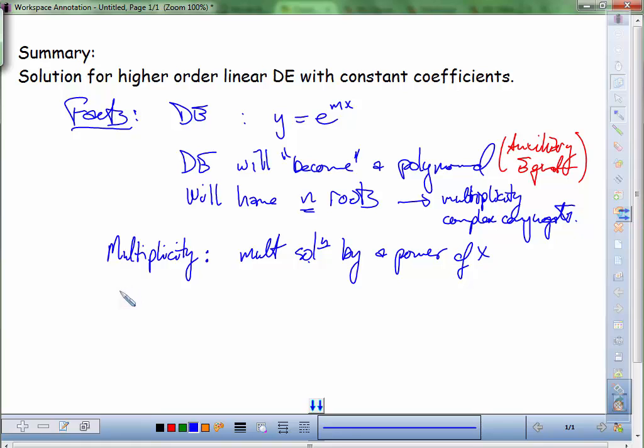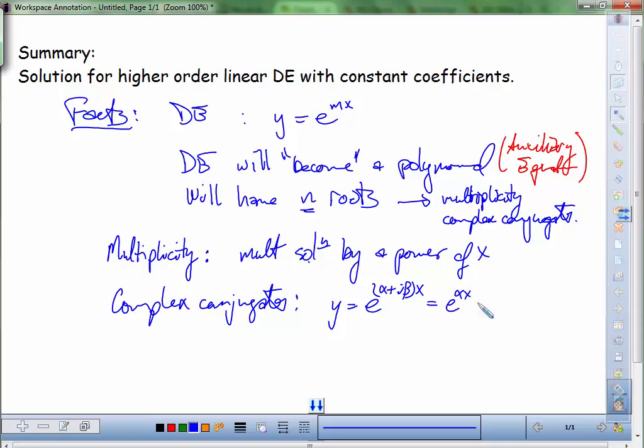And for complex conjugates, we actually get y is equal to e to the alpha plus i beta times x, which then reduces to e to the alpha x times e to the i beta x.